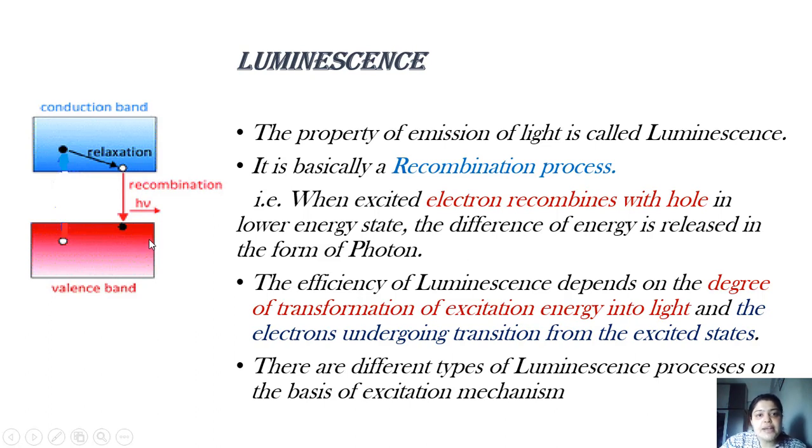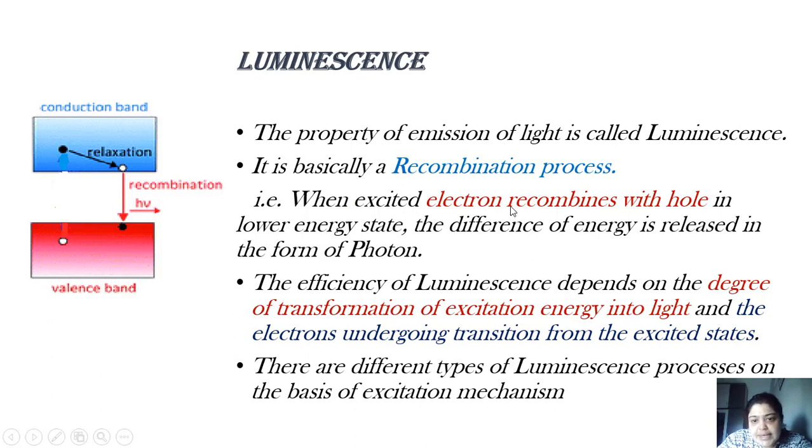So you can say that if photoconductivity is generation of electron hole pair, luminescence is recombination of electron and hole. Whenever electron and hole recombine, difference of energy, because energy can never be destroyed, it has to be converted into some other form, and here it is converted in the form of h nu, that is a photon.